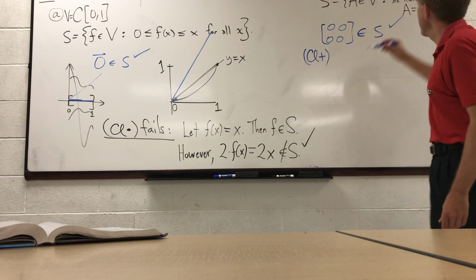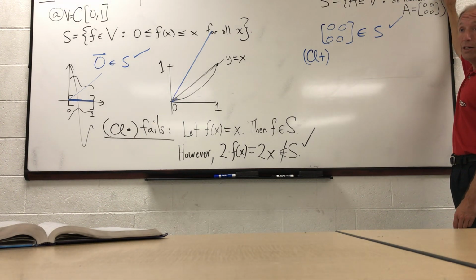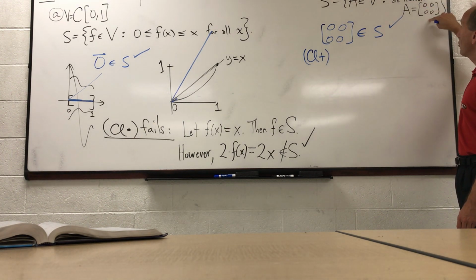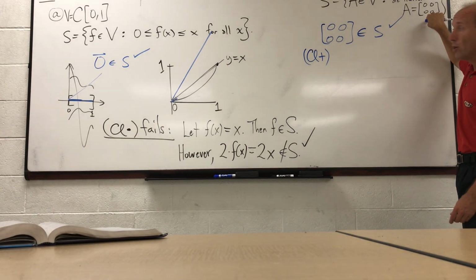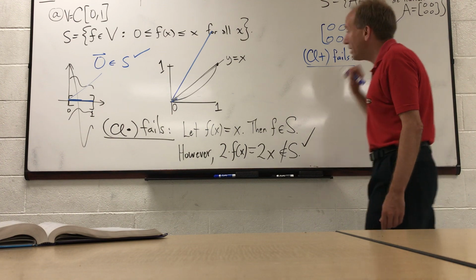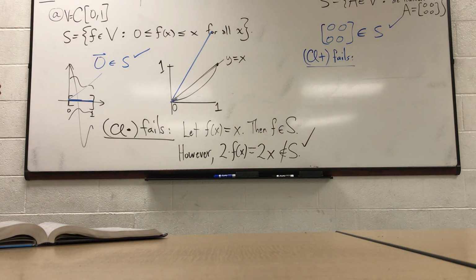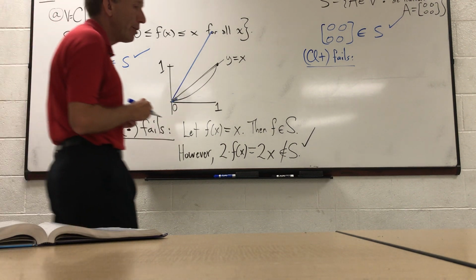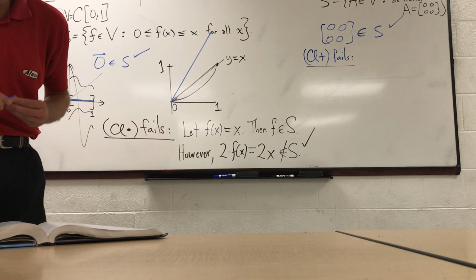If you start with a matrix that has no zeros in it and you scalar multiply it, you'll either have no zeros in it or you'll end up with the zero matrix if you chose 0 as the scalar. So, but still, if even one of these axioms fails, then the whole thing fails, right? And we can just kind of go on. So closure under addition is going to fail on this one. Okay.